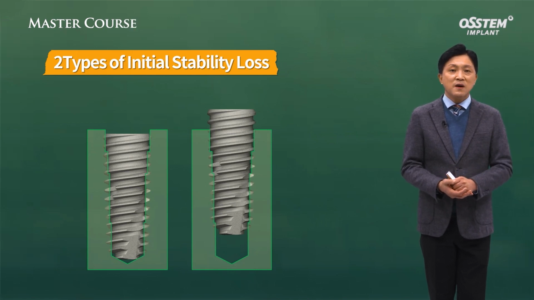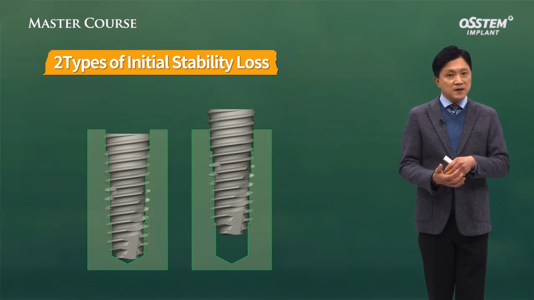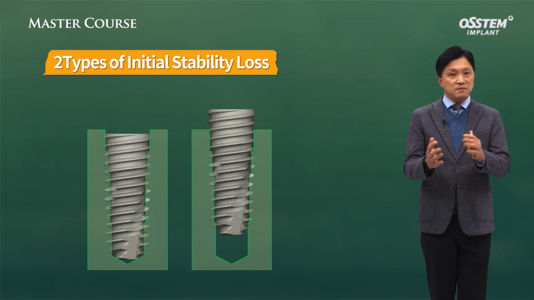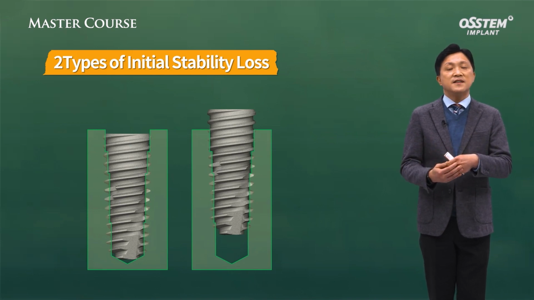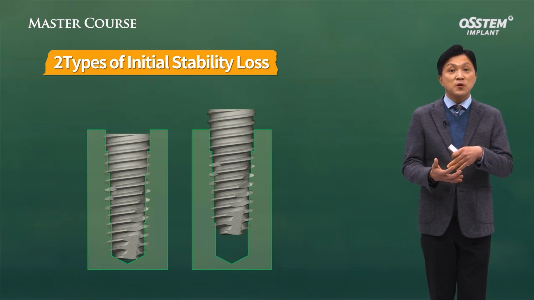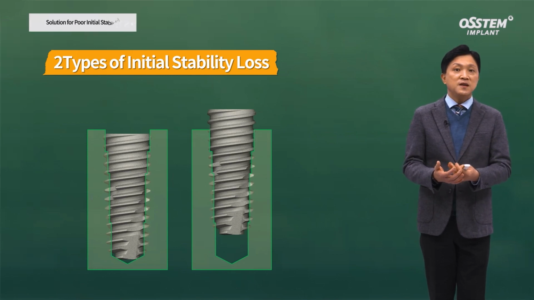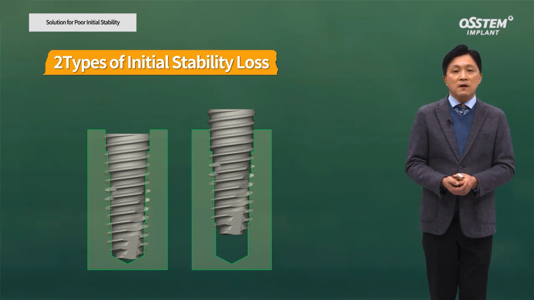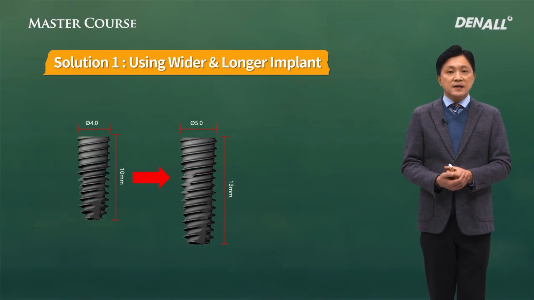But the second situation I described is even worse than that. When we apply the torque a little bit more on the implant to place it a little bit deeper, the lateral wall should be able to hold the implant as it goes into the basal bone, but it fails and the implant spins and it's coming back up. Then the implant becomes unusable.